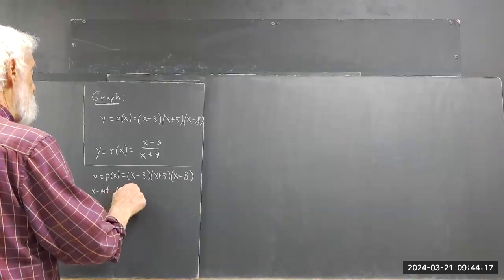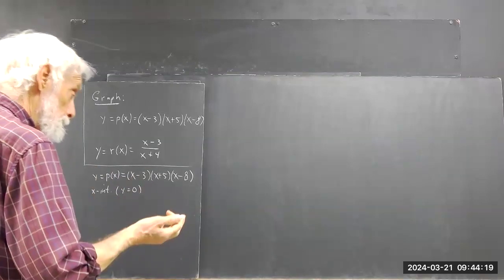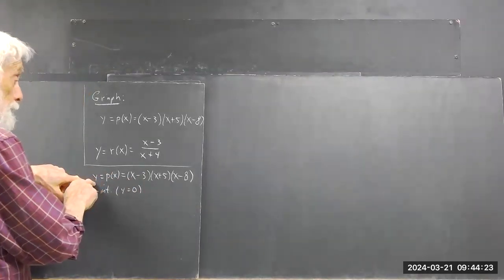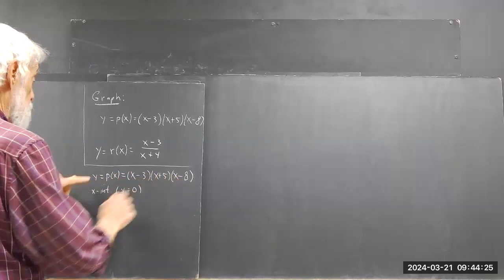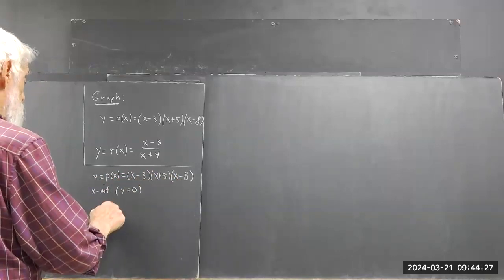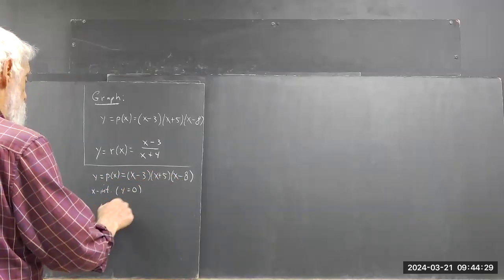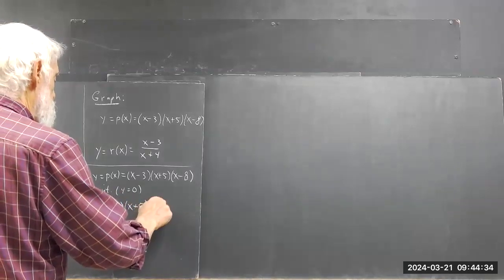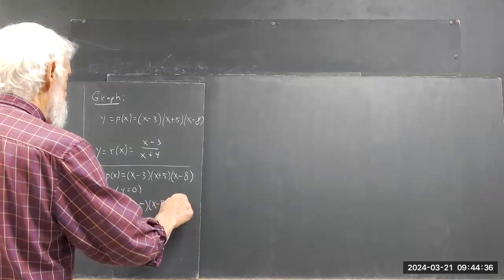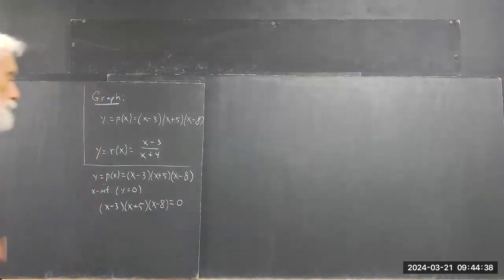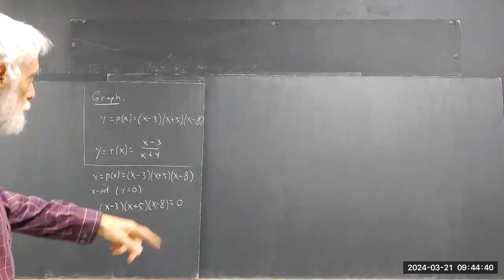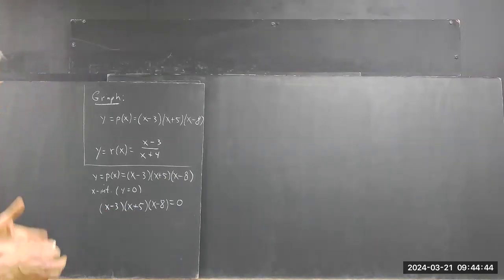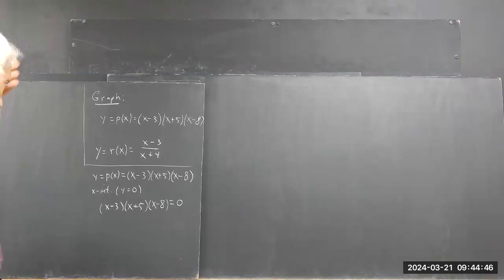X-intercepts: y equals 0. And if y equals 0, that tells us that y here is 0, so all this is equal to 0. Now, you can shortcut this and see immediately what the zeros are, but I recommend again that you write it out the same way every time.